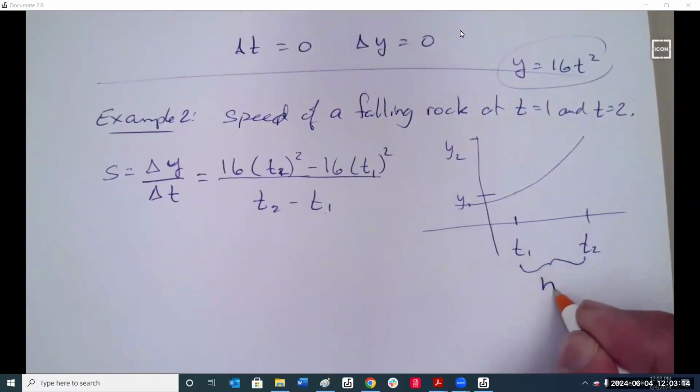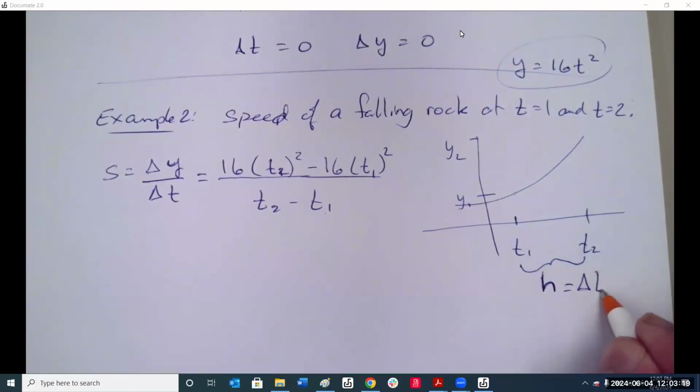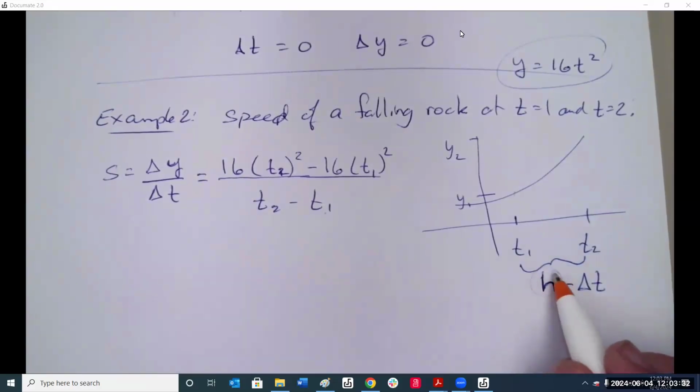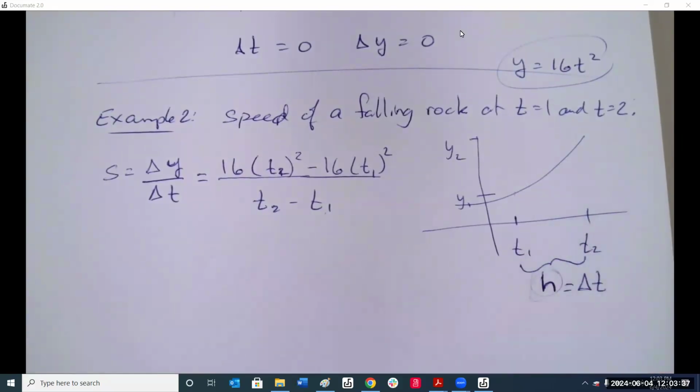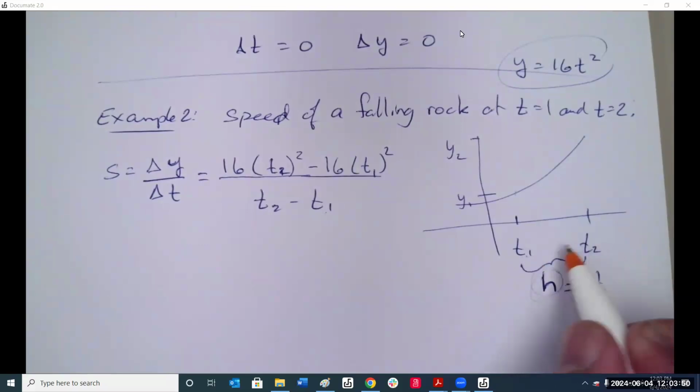We define that as H. Or if you want to, you could also say delta T. But we'll use H because that's what we use for the difference quotient. So how do we use this information to define T2 as a function of T1? In other words, how do we get to T2 from T1?